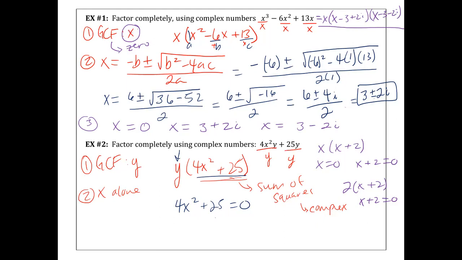So how do we know when to set it equal to 0? Anytime you're factoring or looking for roots or zeros, you set it equal to 0. Because we use the quadratic formula, and the quadratic formula automatically finds our zeros. You could do the quadratic formula here with b being 0, or you just subtract and divide.